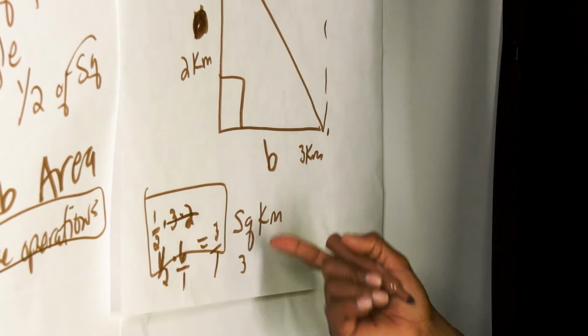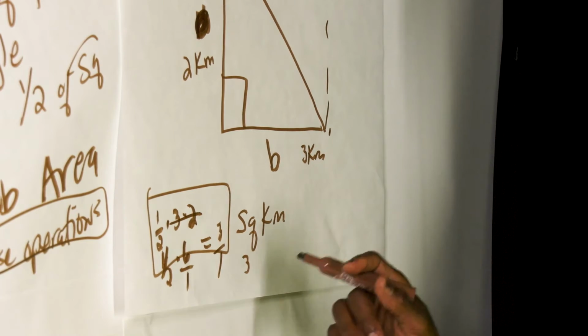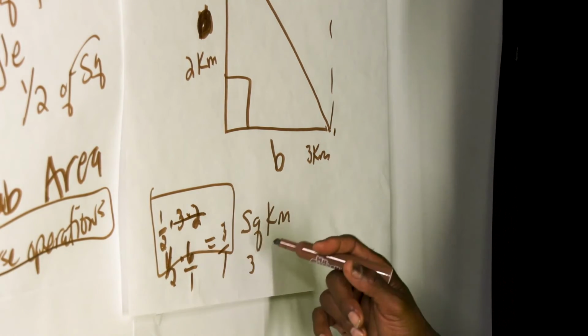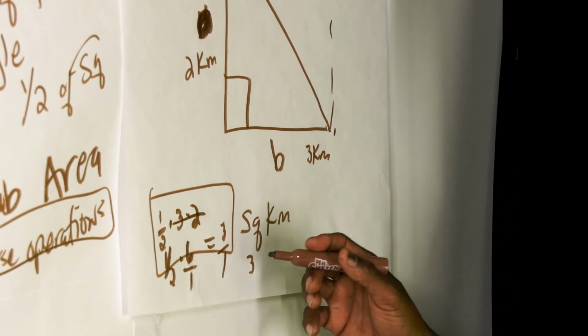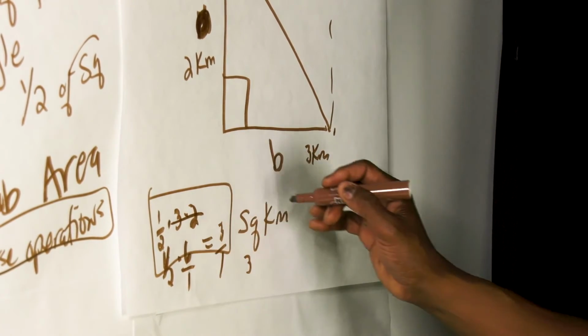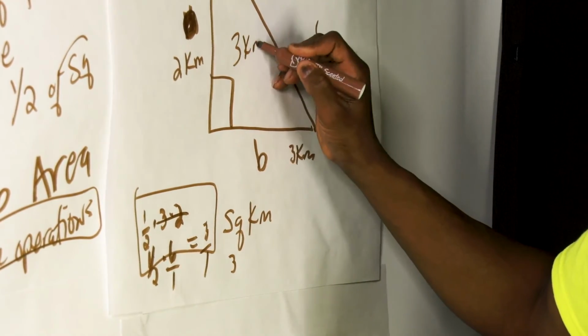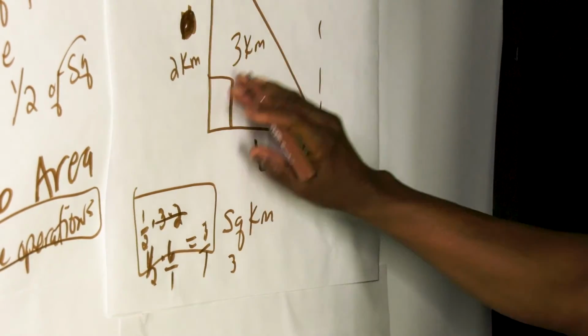So 1/2 of 6 is 3. Or you can just use basic math and you'll know that the answer is going to be 3. So we know that the area of this triangle is going to be 3 kilometers, this area right here.